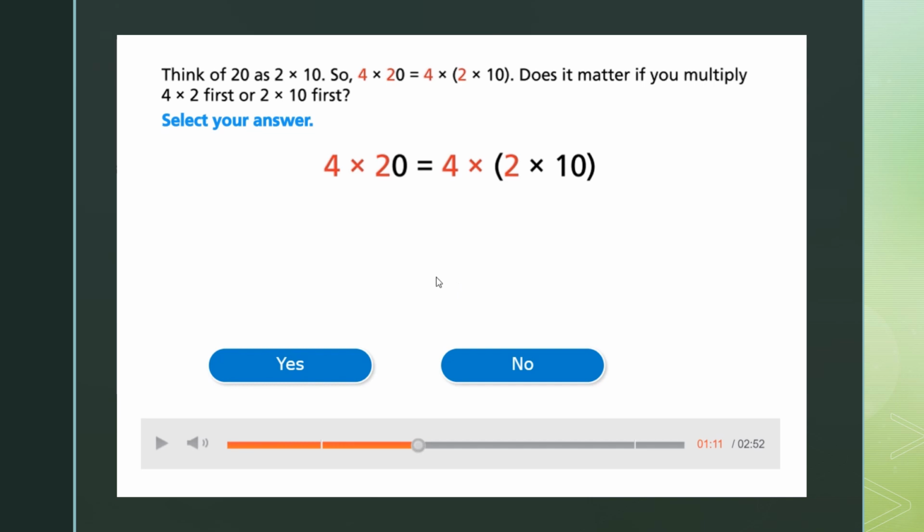Well, what do you think? Will we get the same answer if we multiply 2 times 10 first and then multiply the answer by 4? Or does it matter if you multiply 4 times 2 first and then multiply it by 10? Nope.